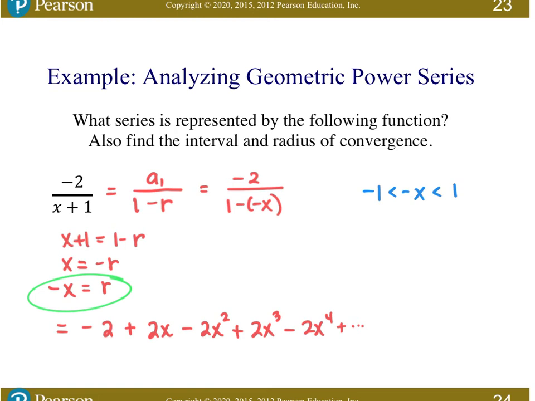So multiply everything by negative 1 to solve that, which switches the signs, which is still that x is between negative 1 and 1. So it's centered at 0. The interval of convergence is negative 1 to 1, and the radius of convergence is 1.